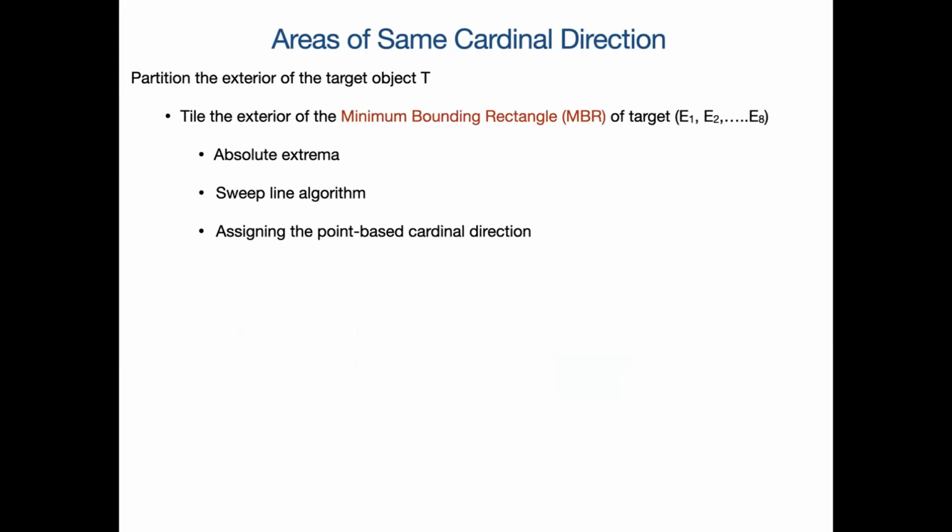Now we have to partition this entire space. We have a finite set of element relations to define the direction relations. Now we need to partition the exterior of the target object, and this leads to the first tiles of same cardinal directions. It allows us to construct them through the extrema points of the target object.